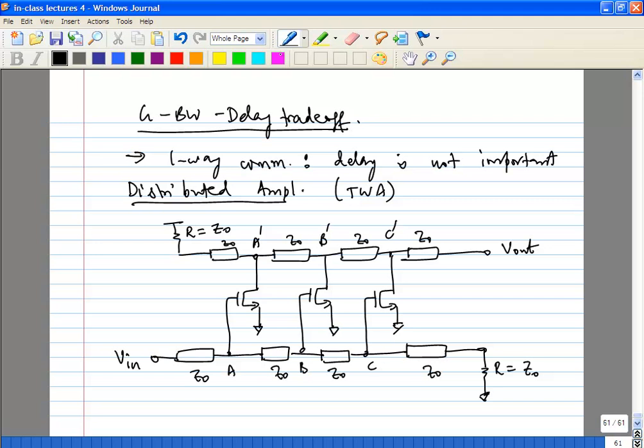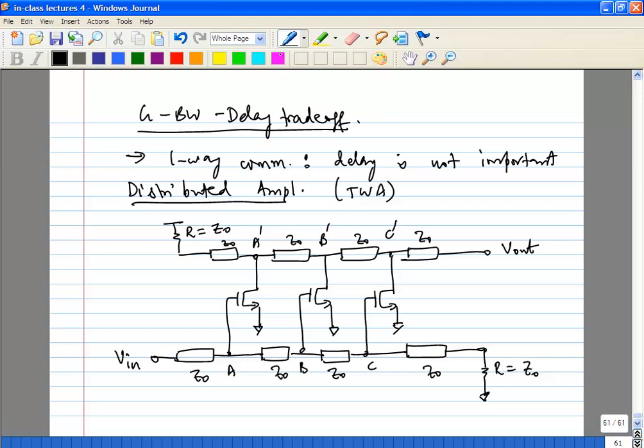What is that impedance? It is nothing but Z0 over 2. You have Z0 on one side and Z0 on the other side of the tap in the transmission line, so the impedance is Z0 over 2. So the actual gain of one stage is nothing but gm Z0 over 2.